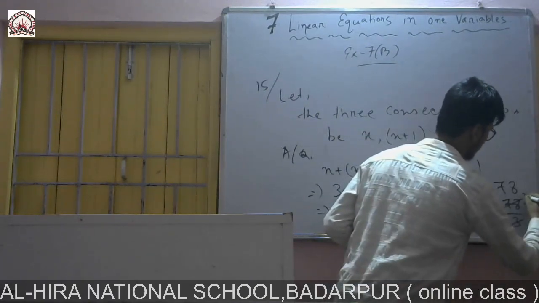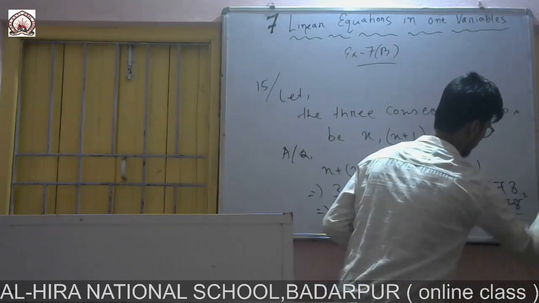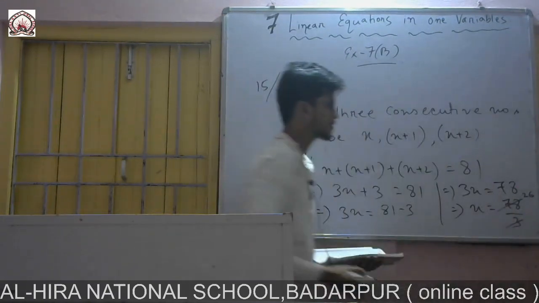So 3 2s are 6 and 3 6s are 18. So it is 26.